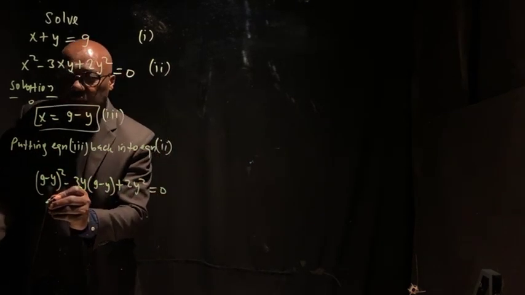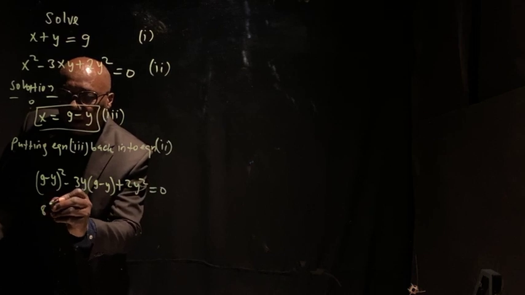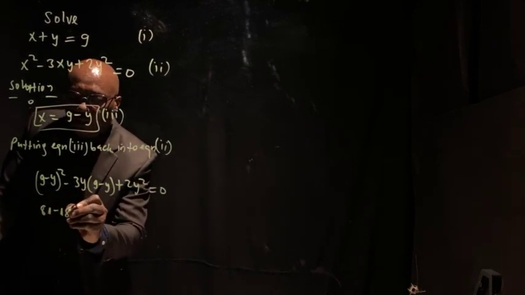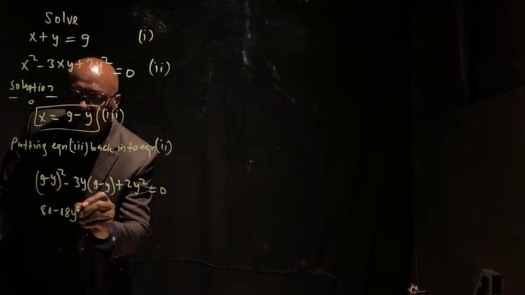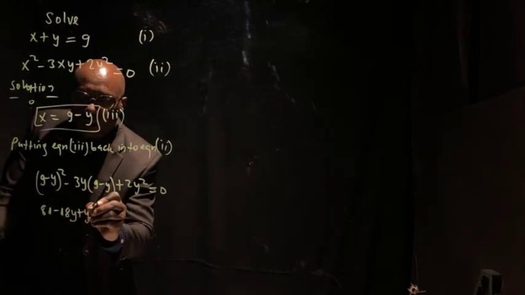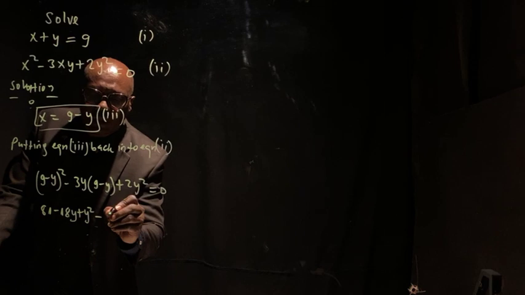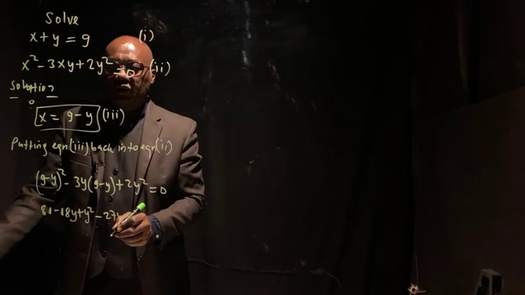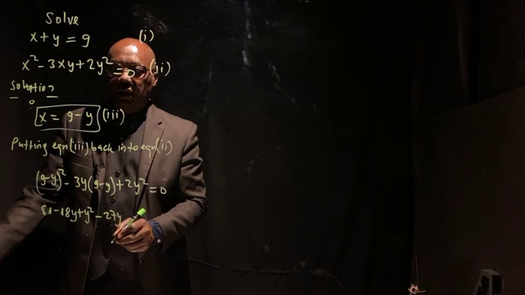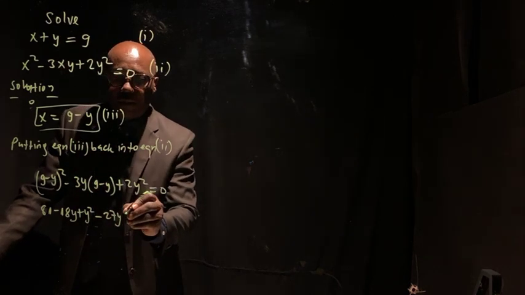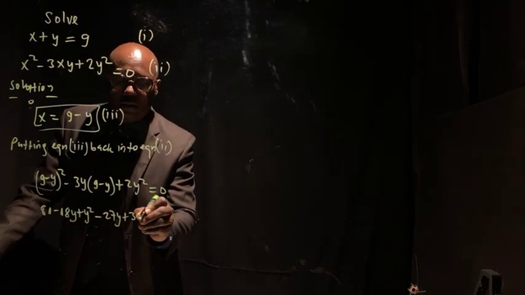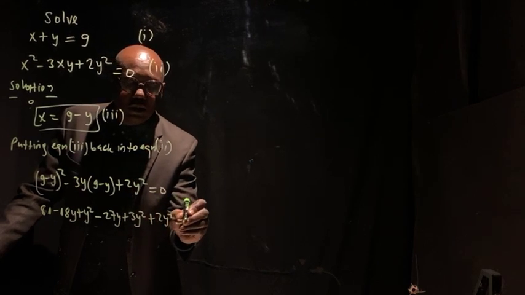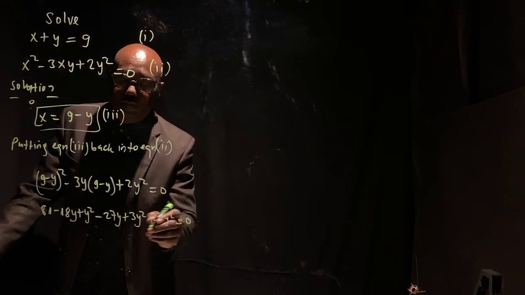So we have 81 minus 18y, we're expanding this one, plus y squared, minus 27y plus 3y squared plus 2y squared equals 0.